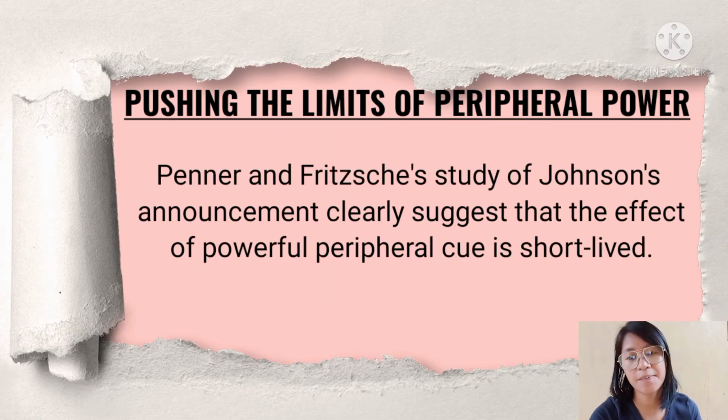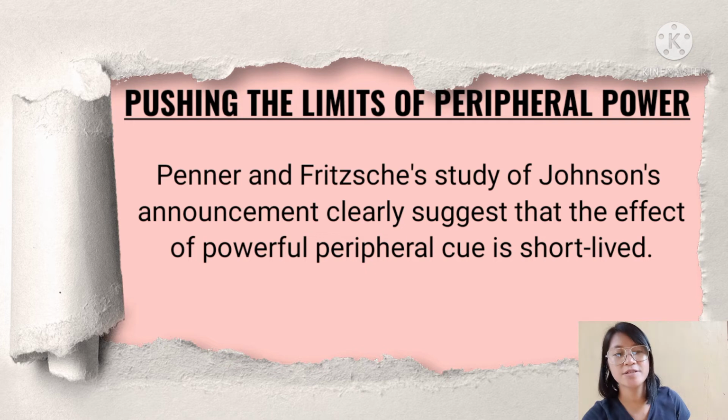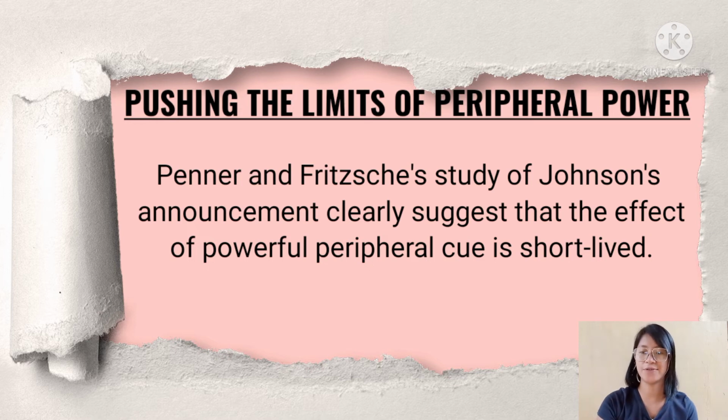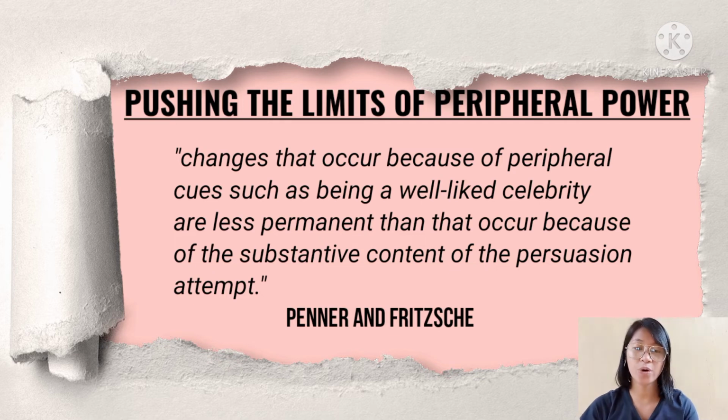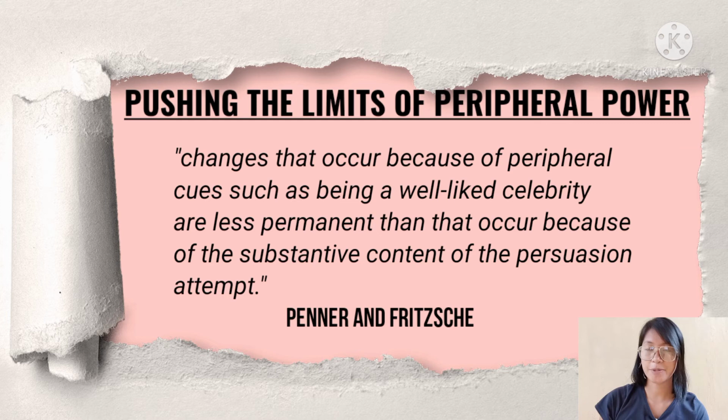With that being said, Penner and Fritsch's study of Johnson's announcement clearly suggests that the effect of powerful peripheral cues is short-lived. They concluded that changes that occur because of peripheral cues, such as being a well-liked celebrity, are less permanent than those that occur because of the substantive content of the persuasion attempt.